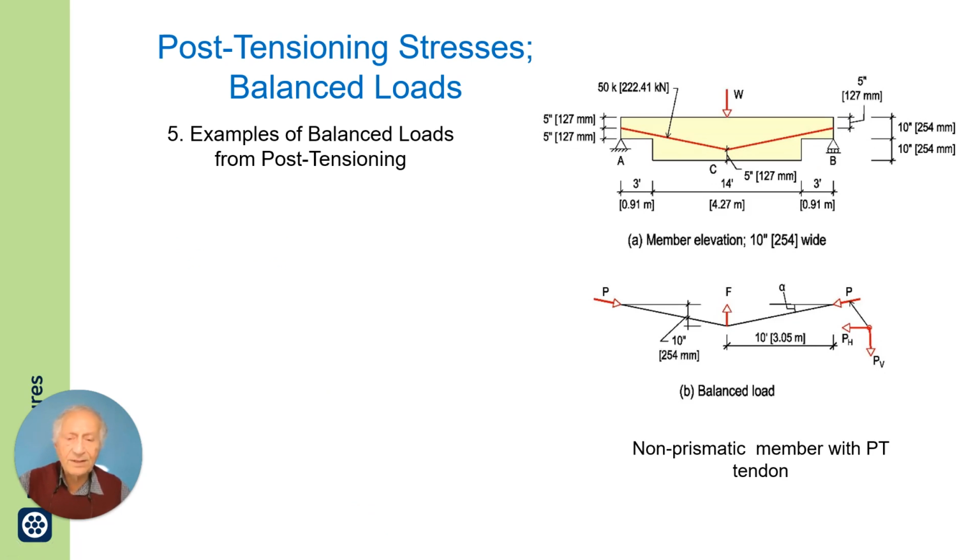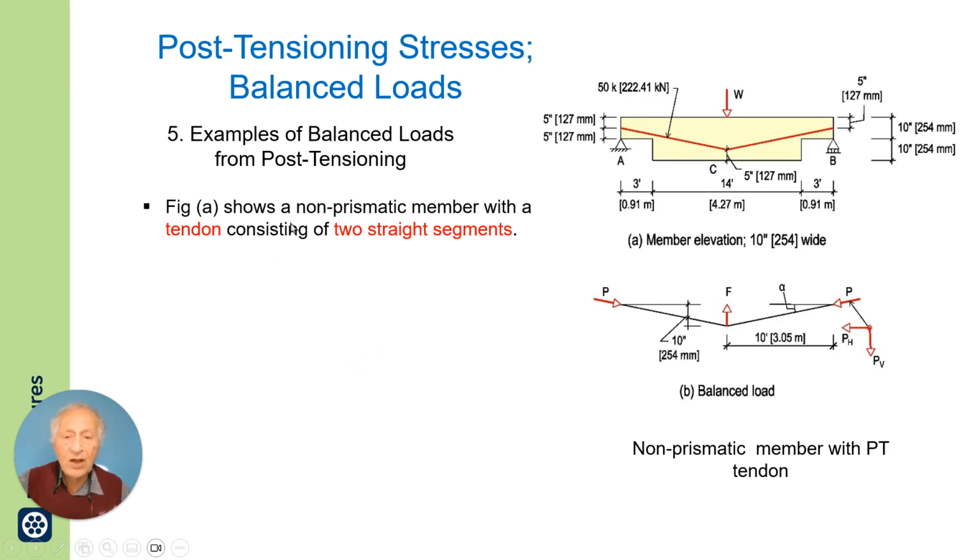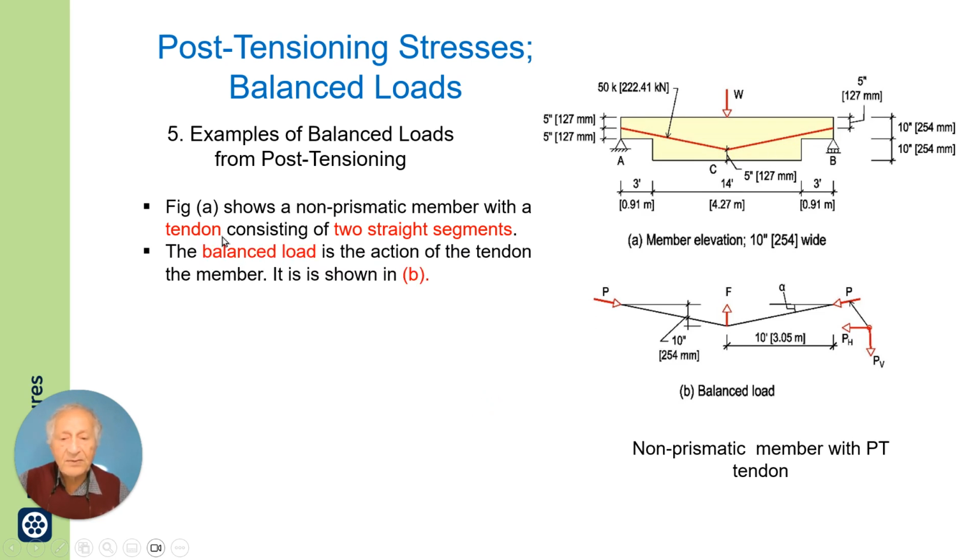Now this is another example where we have a non-prismatic member with a tendon consisting of two straight segments, a segment here and a segment there. The balance load is the action of the tendon on the member. It is shown in B. This is the balance load.